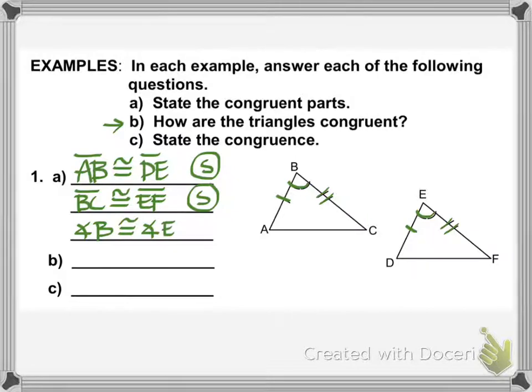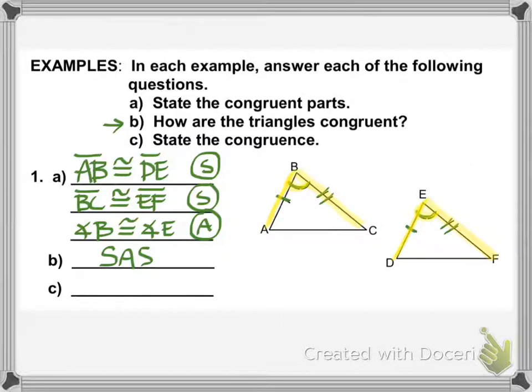Now, since that's a pair of angles that are congruent, I'm going to put an A. Okay. So let's take a look at what we have. We have two S's and an A. So by SAS, these two triangles are going to be congruent.